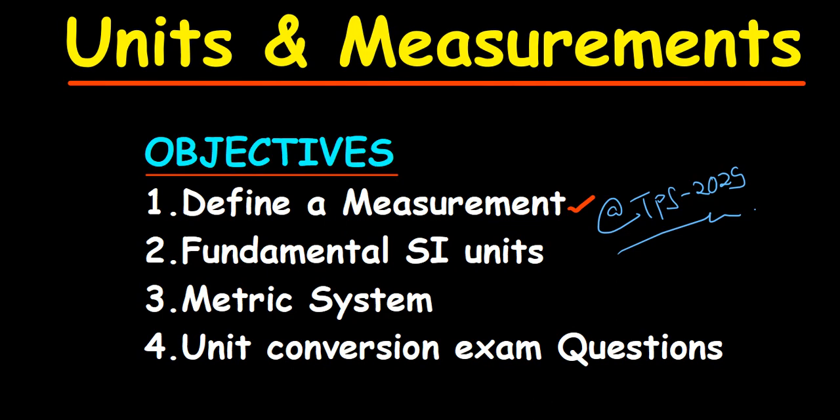Once we are done learning the metric system, we are going to look at how we can convert units using this metric system. We are going to solve example questions on unit conversions. So this is our roadmap for today's lesson.